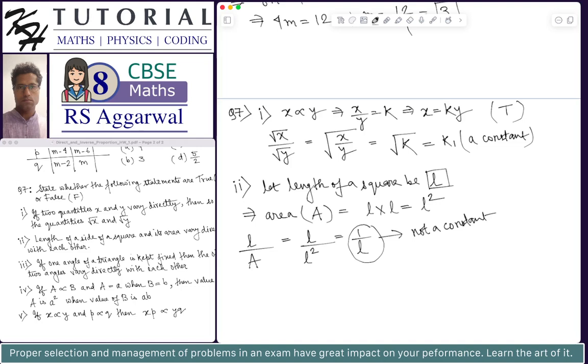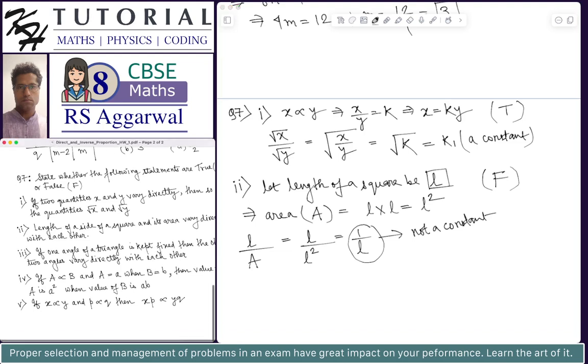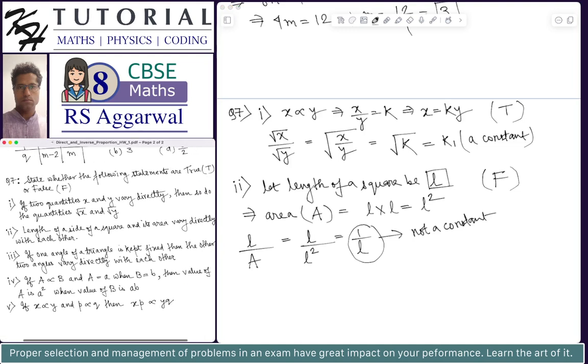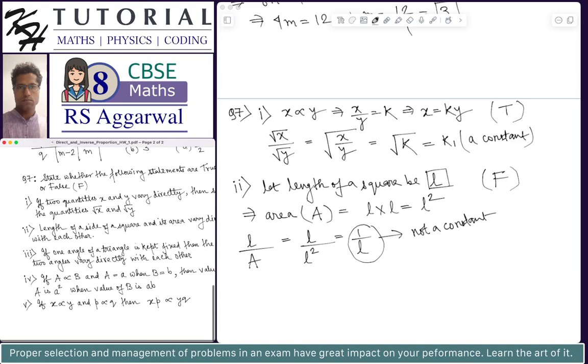So this is a false statement, that is, length of a square and its area are not in direct variation. Okay. If one angle of a triangle is kept fixed, then the other two angles vary directly with each other.